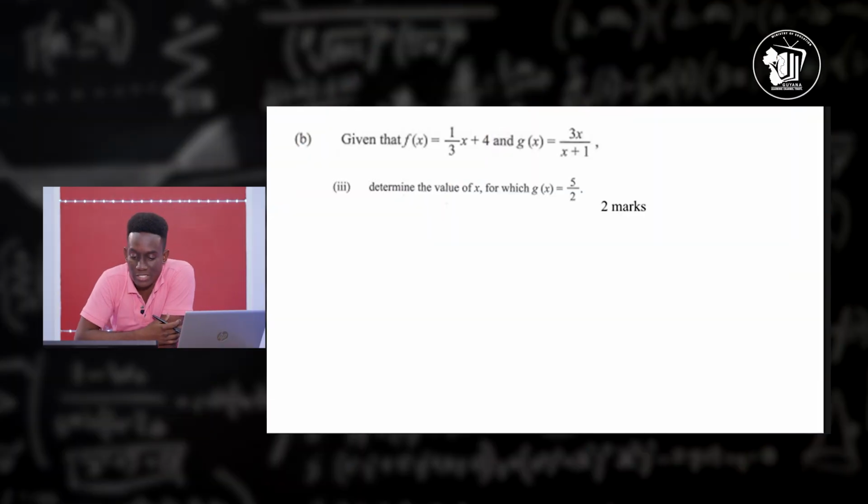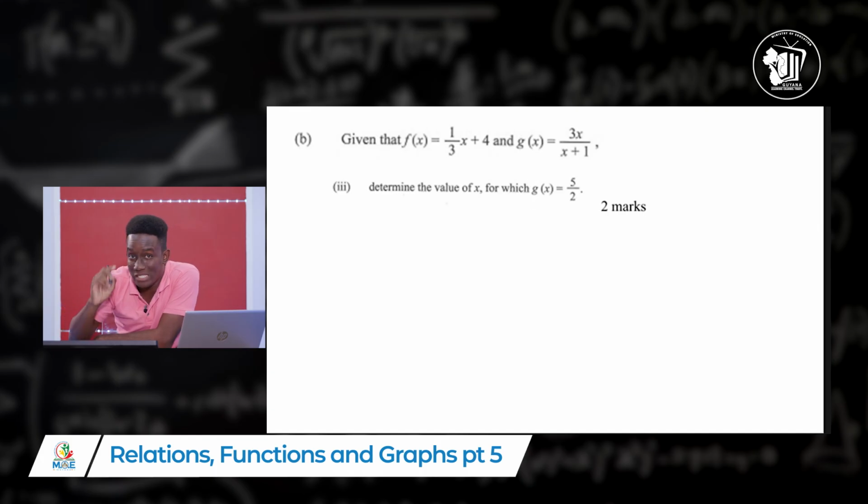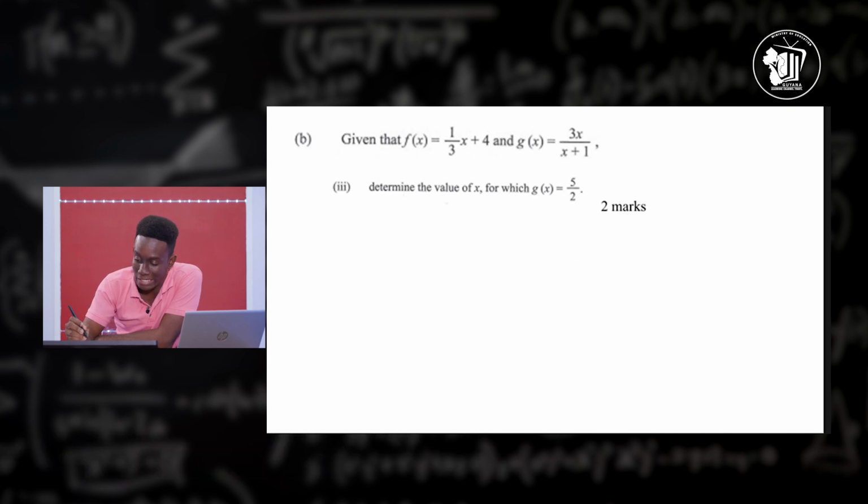The next question says, we have the same two functions. We want to determine the value of x for which g of x is equal to 5 over 2. Now, please don't make the mistake of thinking this is the same as g of 5 over 2. You're not finding g of 5 over 2. They're telling you g of x is equal to 5 over 2.